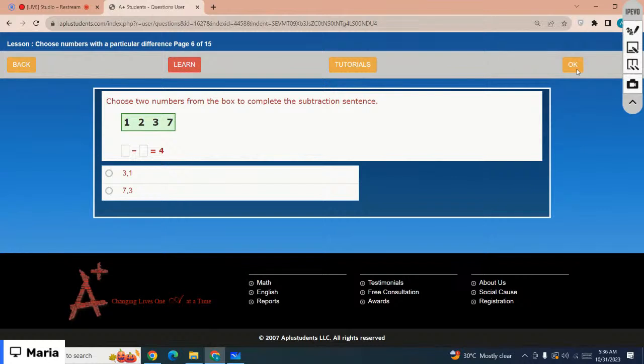Okay, the next one is choose two numbers from the box to complete the subtraction sentence. So, which is the correct option?